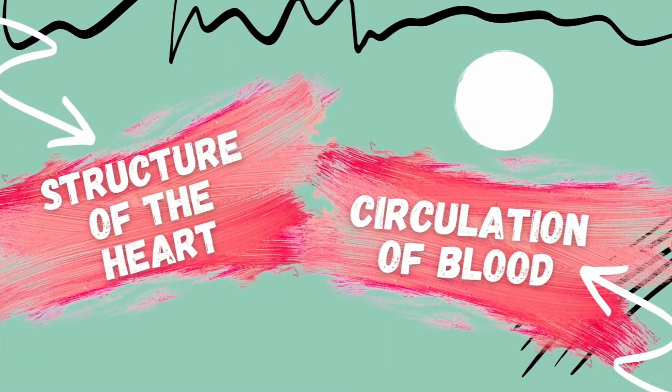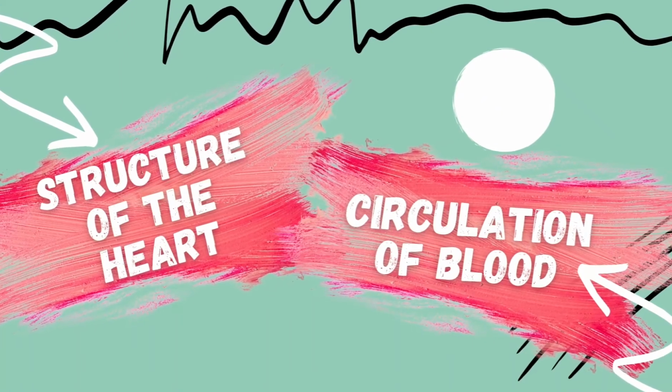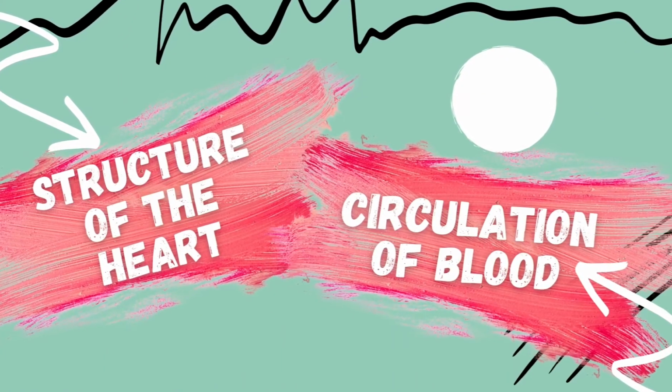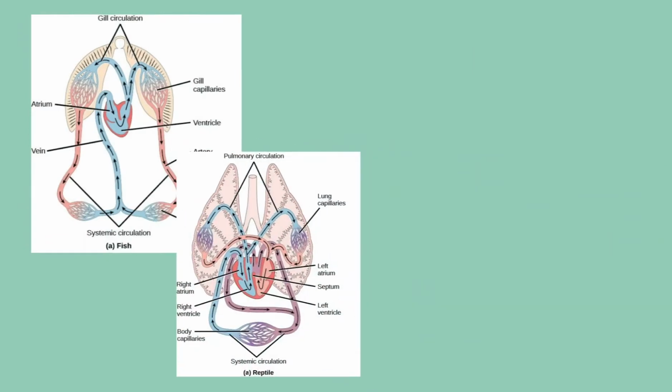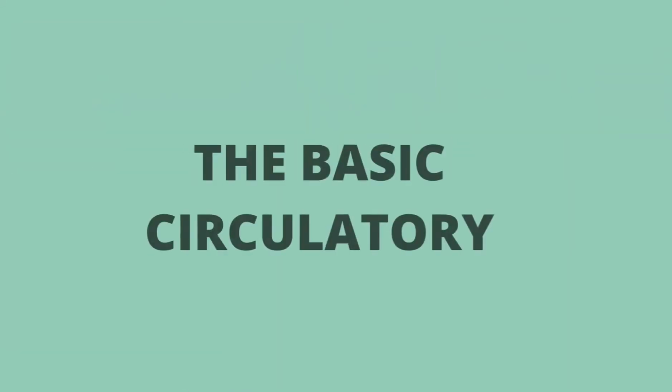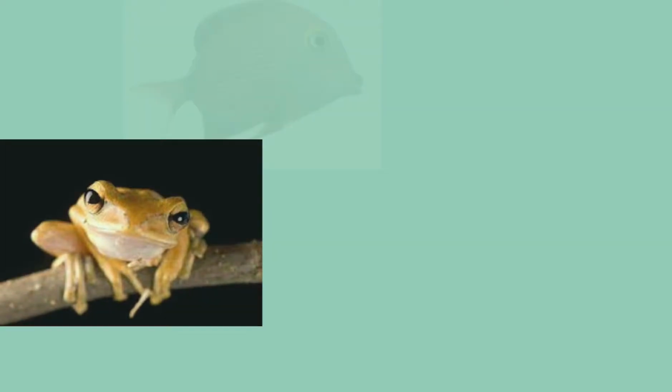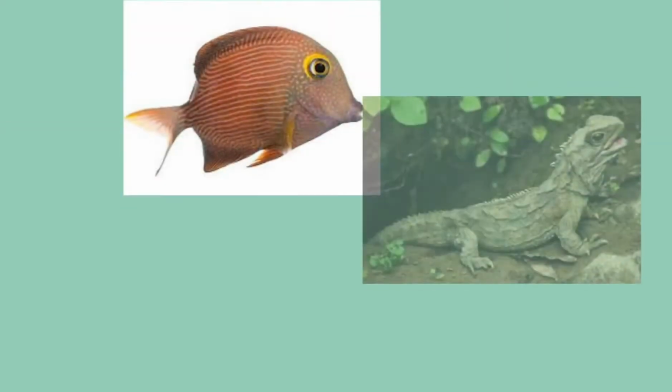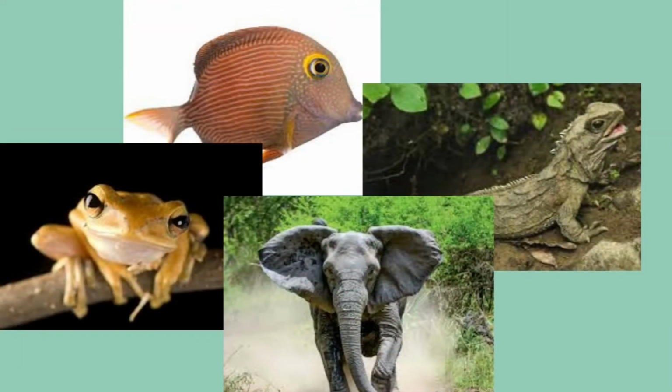However, there are significant differences in the structure of the heart and the circulation of blood between the different vertebrate groups, due to adaptation during evolution and associated differences in anatomy. The basic circulatory systems of some vertebrates, such as fish, amphibians, reptiles, and mammals, will be discussed further.